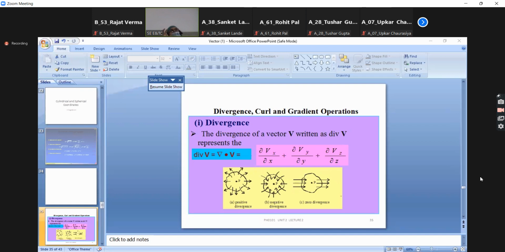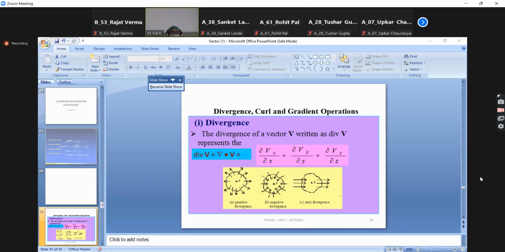Our sun is a source, because if you consider the sun as a point, then from that point the energy is spreading. The divergence is going to be positive. So you can imagine the sun as a point and call it a source.